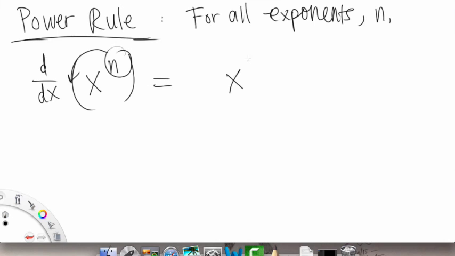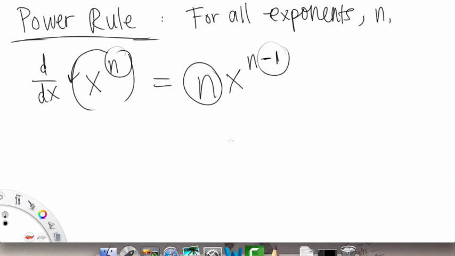So we have x to the n, and we move this n down as well. Then we subtract 1 from the exponent, so put a little minus 1 there. What we added was the n here, and the minus 1 on the exponent. This is how the power rule works.